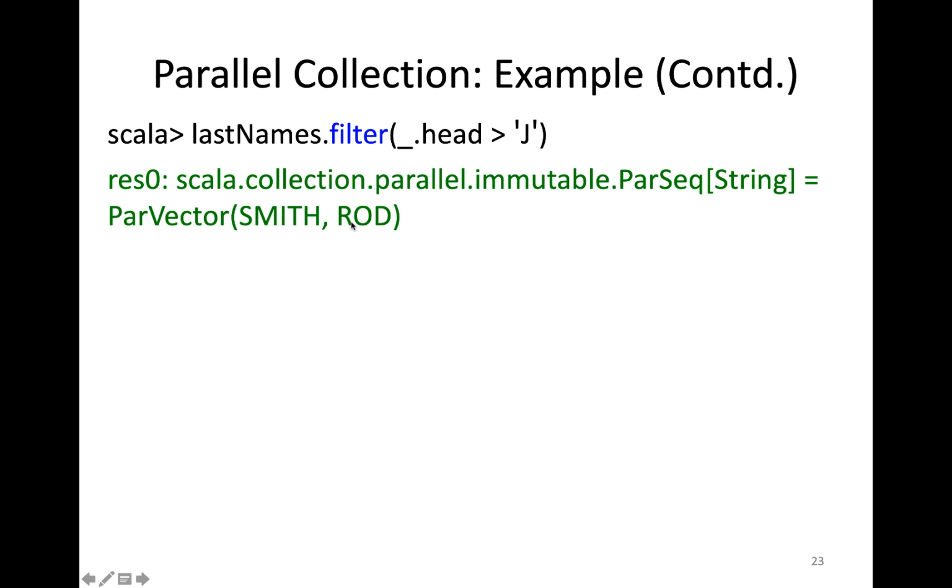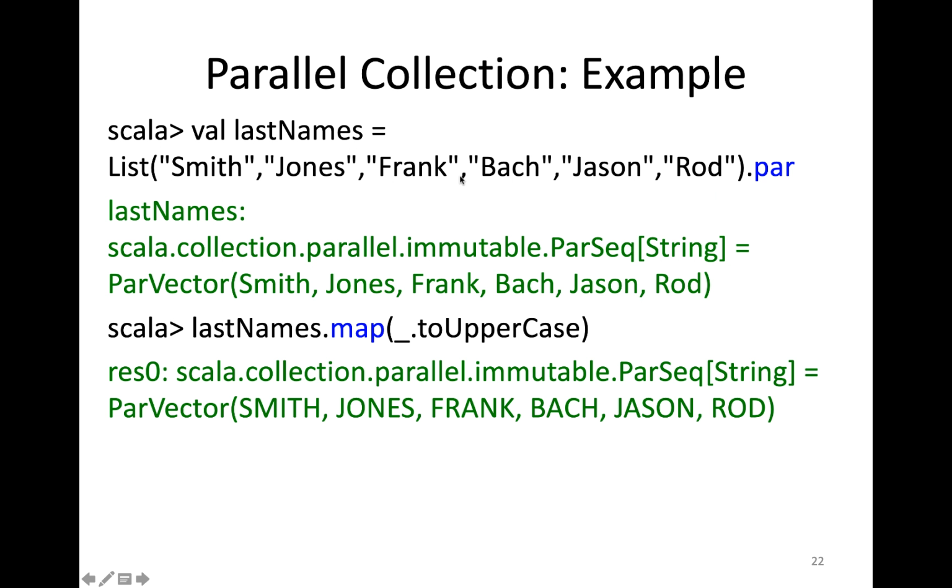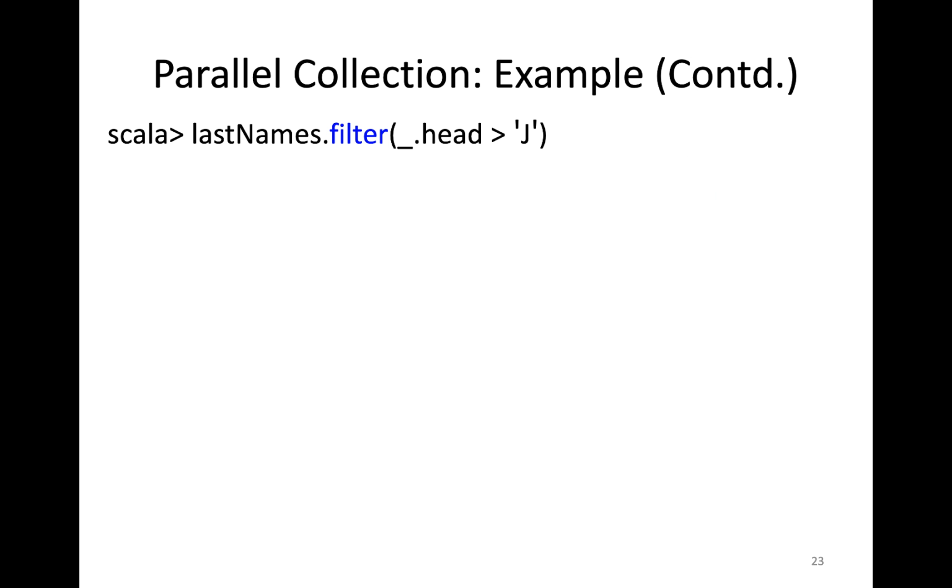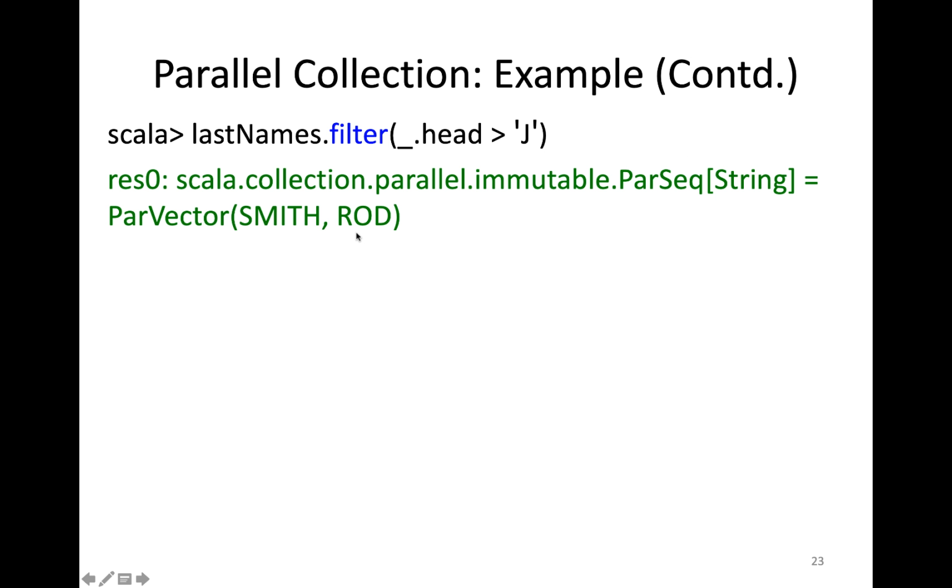That means Smith and Rod, which start with S and R, greater than J, remain. But mind that here also this filtering has happened in parallel over those strings. How many strings were there? 1, 2, 3, 4, 5, 6 strings. On each of them, this checking happened in parallel, and after the checking, these two are returned.